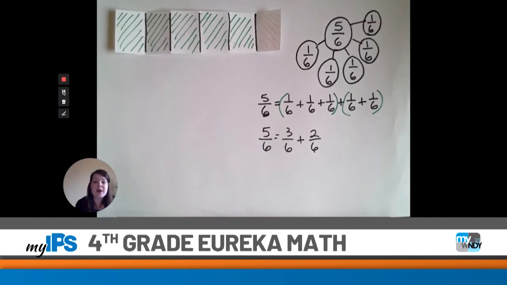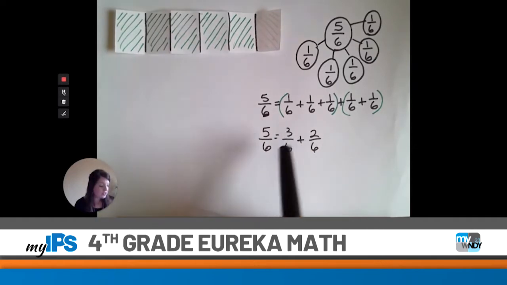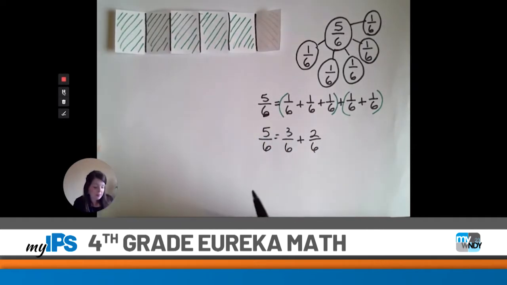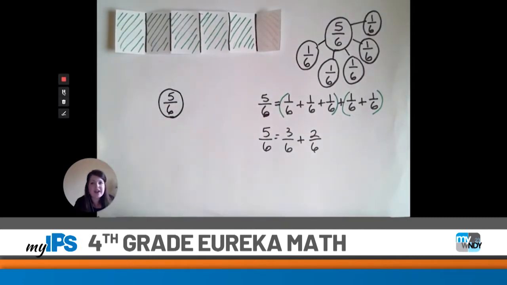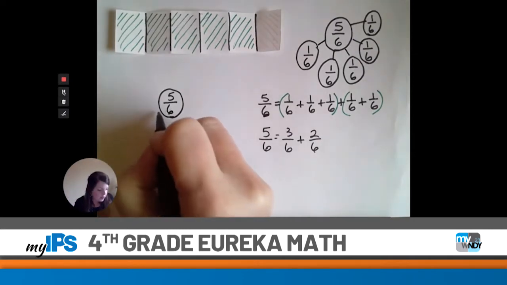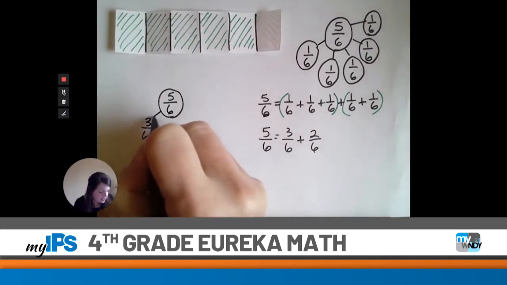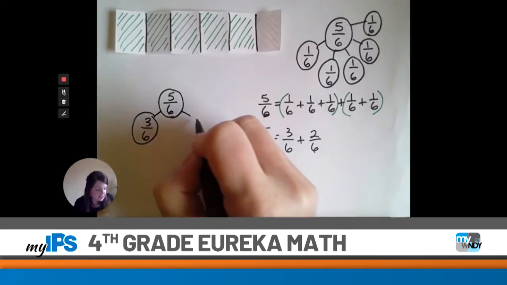Now let's draw a number bond to match this new addition sentence. Your number bond should look something like this. We're decomposing 5/6 and we're breaking it into 2 parts. One part is 3/6 and the other part of 5/6 is 2/6.